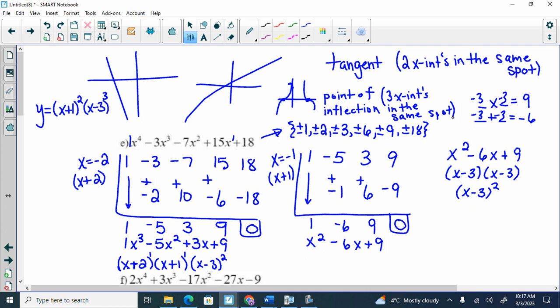Okay, this one. You're at page 134. Number 5. Page 134, number 5. Oh, skip away the factor.